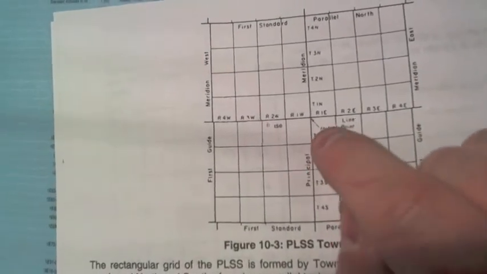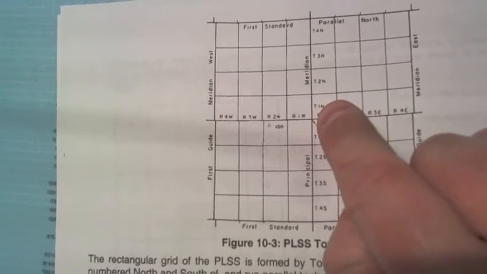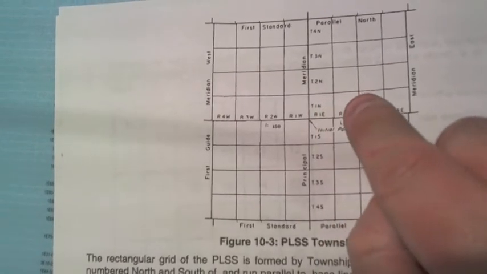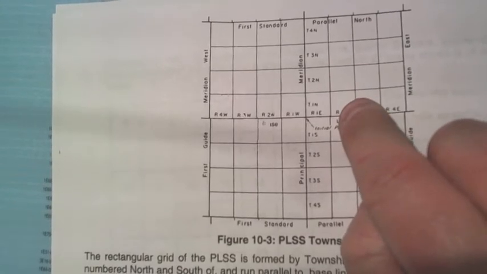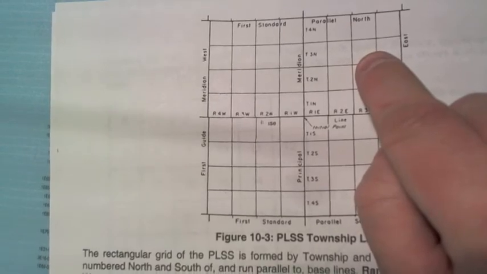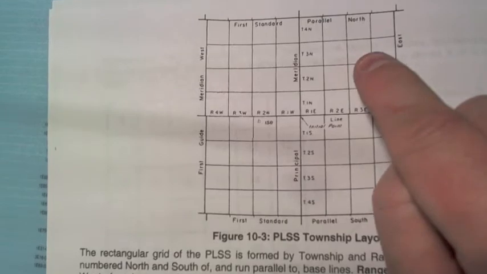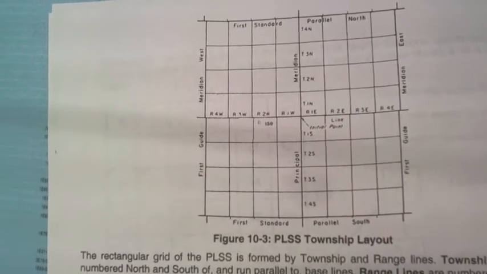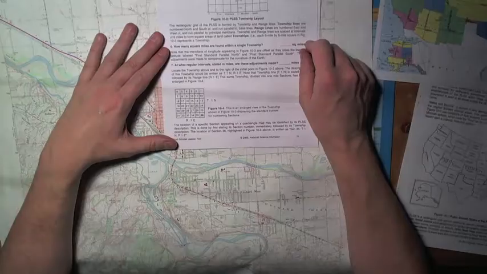So each of these 36 square mile blocks was called a township, and it would be defined. So for example, this township would be Township 1 north, Range 2 east. This block would be Township 3 north, Range 3 east. And these all show up on our USGS maps.